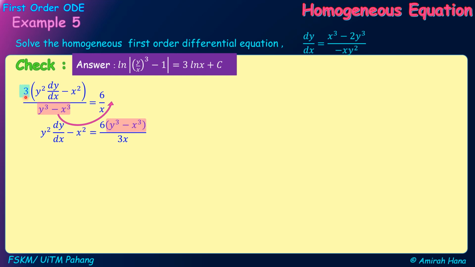And then the 3 here, we can move to the right hand side, so we get over 3 here. After that, we can simplify 6 and 3, so we get 2 in the numerator. Then we can write y squared dy over dx minus x squared equals 2 times y cubed minus x cubed over x, right?